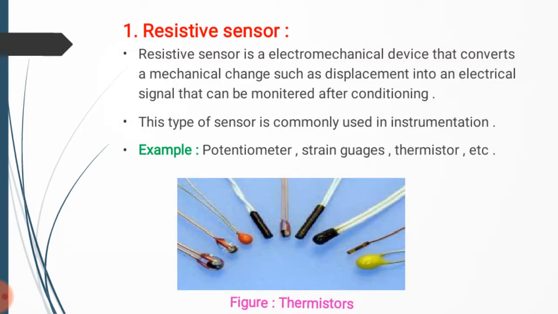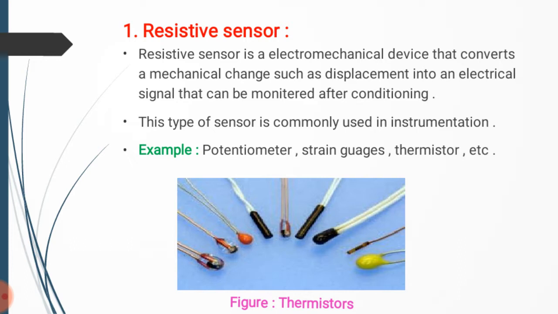First is the resistive sensor. A resistive sensor is an electromechanical device that converts a mechanical change, such as a displacement, into an electrical signal that can be monitored after conditioning. That means it converts the mechanical changes into the electrical signal, so it is also known as an electromechanical device.